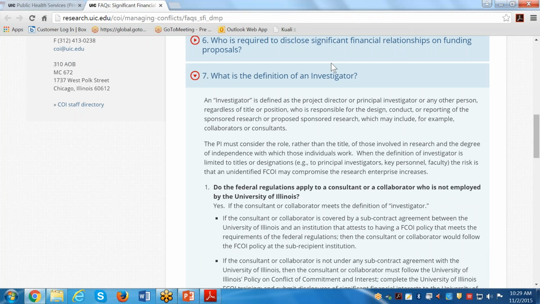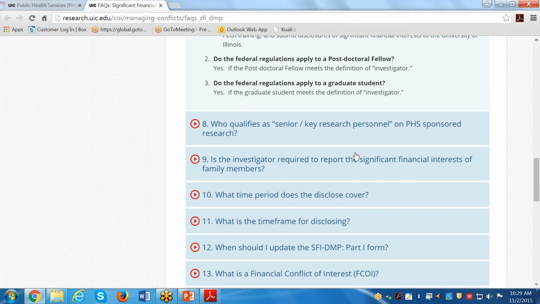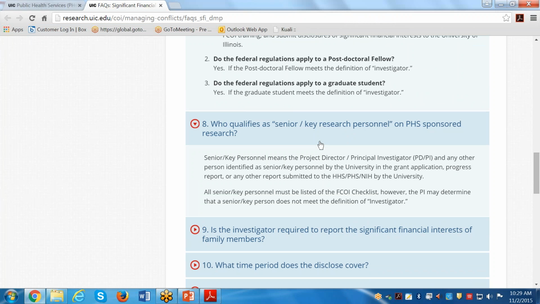All right, so that was really everything I think I needed to get out here. I don't think I changed much, other than to say that for senior key, we are still obligated to have public disclosure, but I think we would focus on whether or not the person was determined to be an investigator.